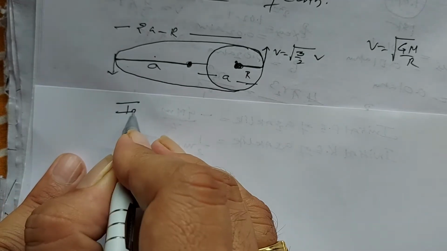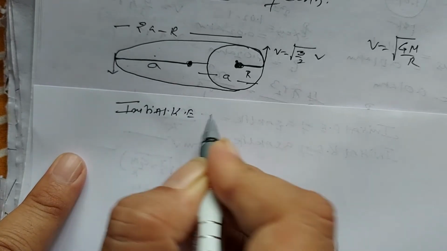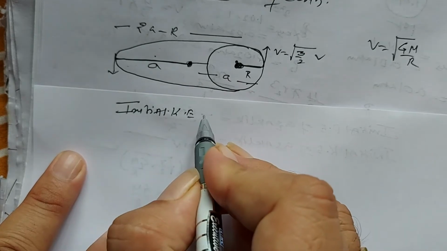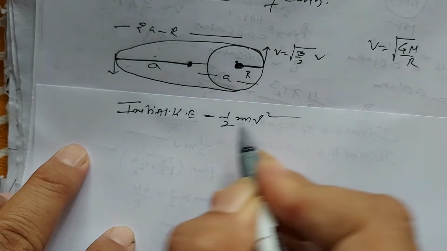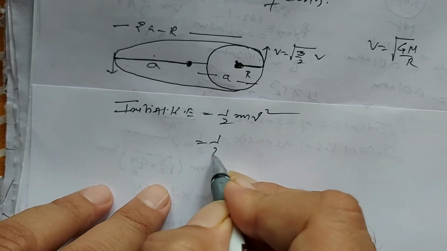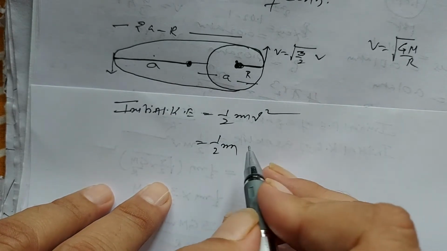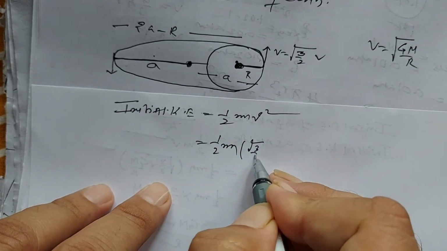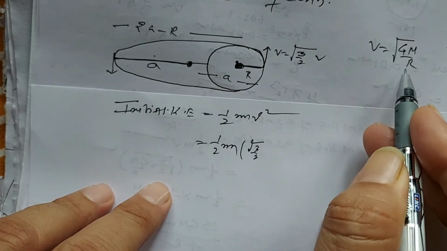Now, initial kinetic energy of the satellite is equal to half mv square, that is half m into root 3 by 2 v, squared. Here v means the orbital velocity, square root of GM by r.